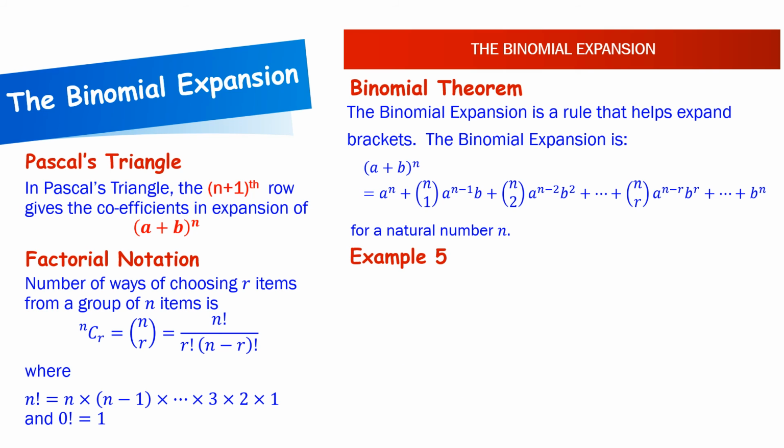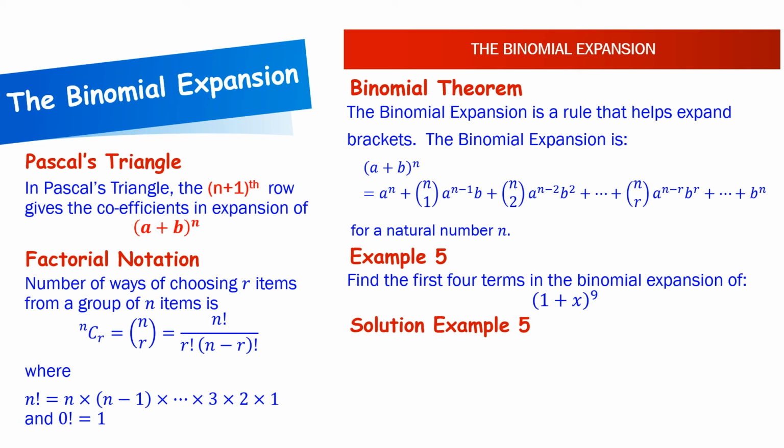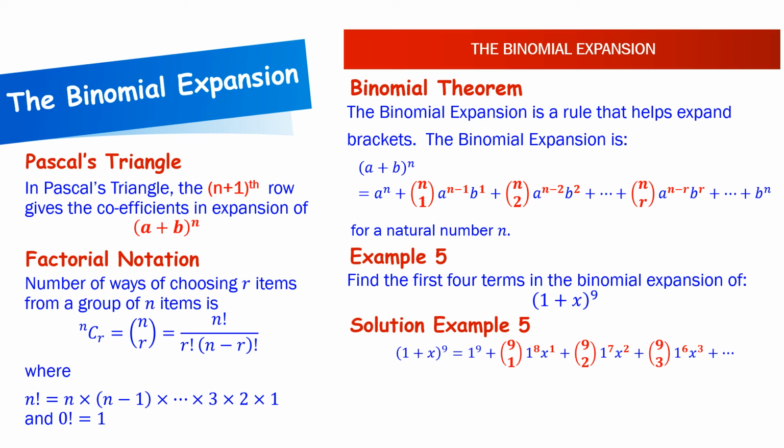Let's now take a look at another example. Find the first 4 terms in the binomial expansion of 1 plus x all raised to the power 9. Again, we have to apply this to the binomial theorem. We plug in a equals 1 and b equals x, n equals 9, and the various values of r.